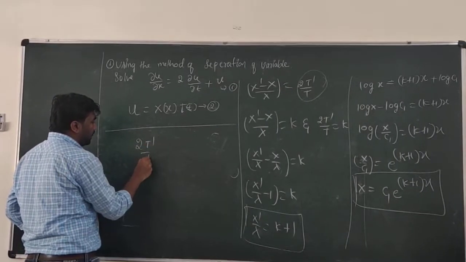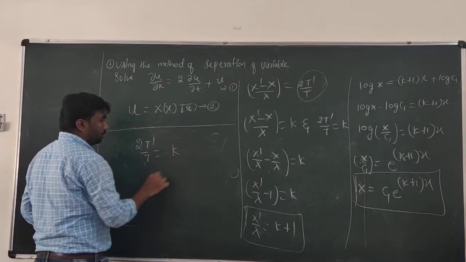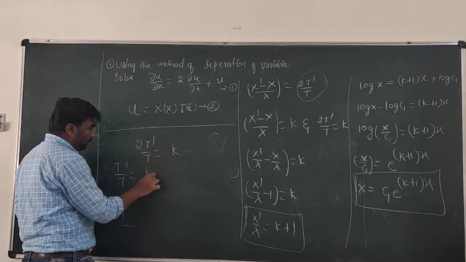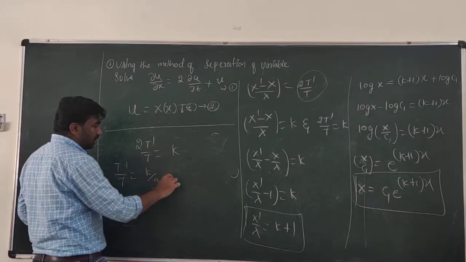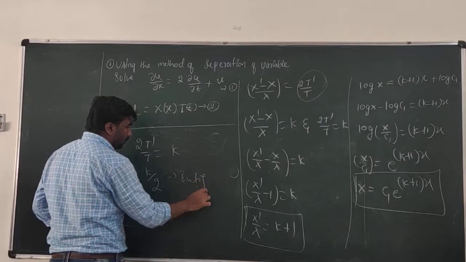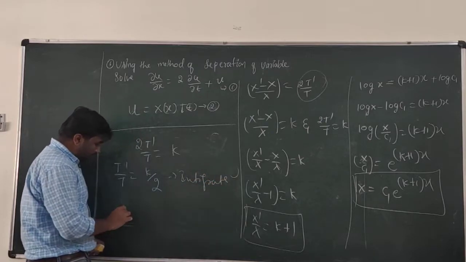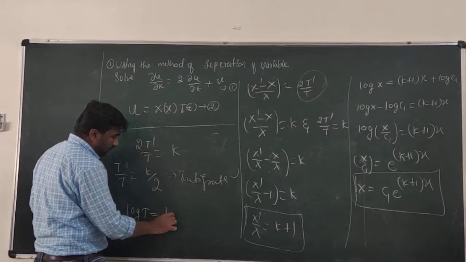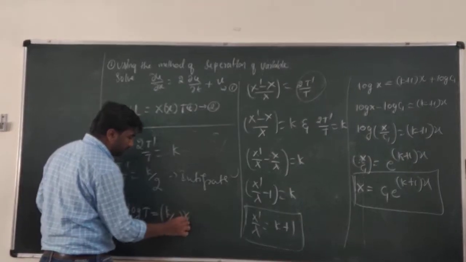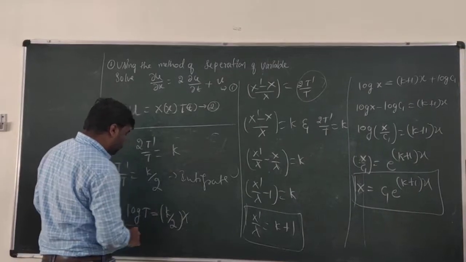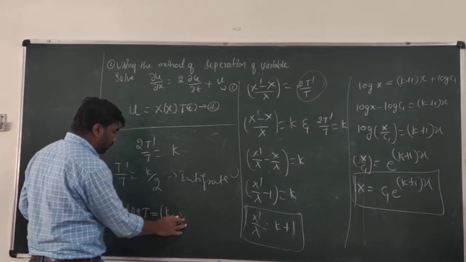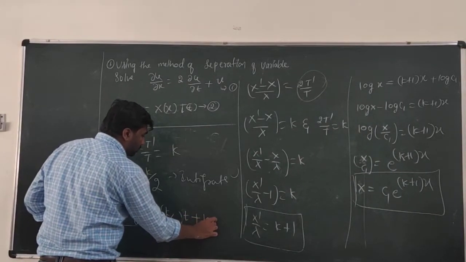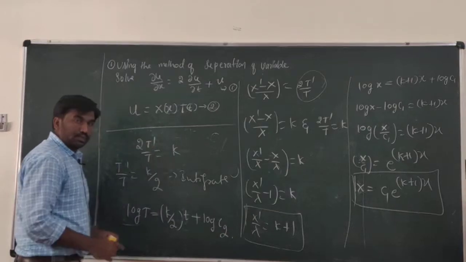T' divided by T is equal to some constant k by 2. Again integrate. After integrating we will get log T is equal to (k/2) times t, since you are integrating with respect to t, plus some integration constant log c2.